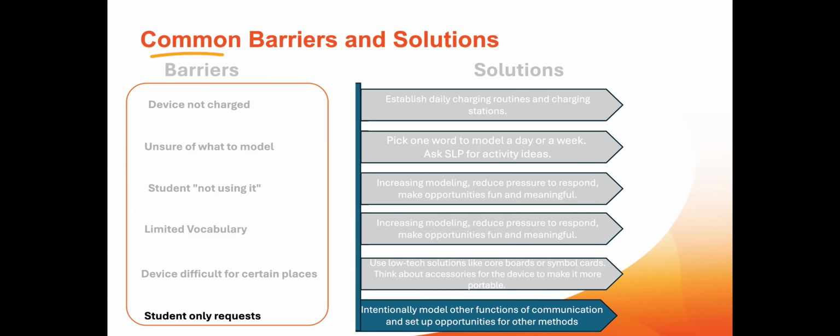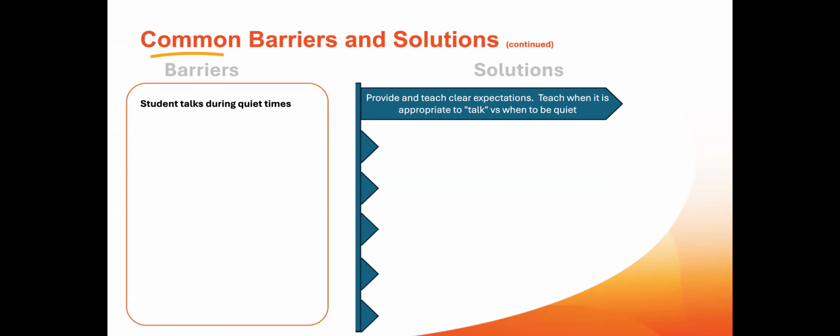If the student is only using the device to request, this is what we talked about, but we need to go above and beyond modeling lots of different communication functions, so above and beyond requesting. So be very intentional about your modeling of other functions.